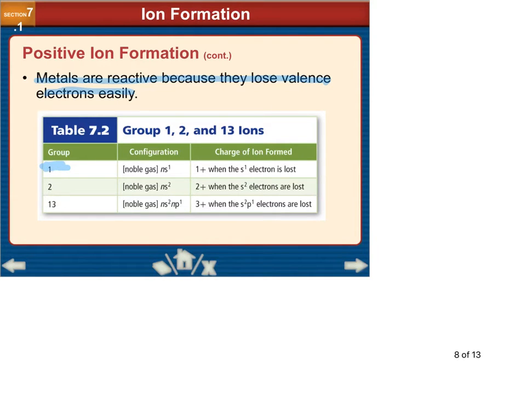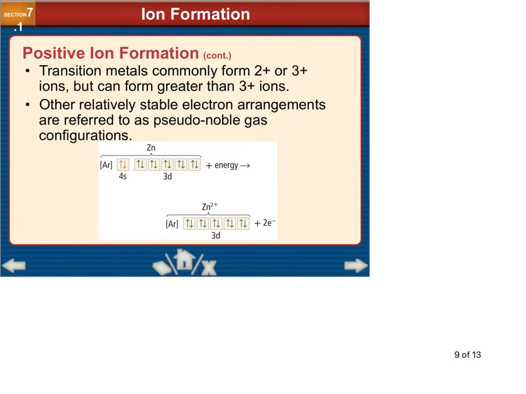And many metals are very reactive because they can lose their valence electrons easily. In group 1, we tend to get this positive 1 ion. Group 2, positive 2. Group 13, positive 3. Transition metals very often will form 2+, 3+ ions, but they can form other things too, numbers greater than 3+.